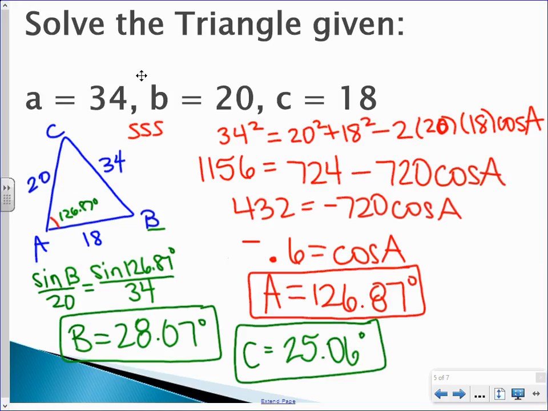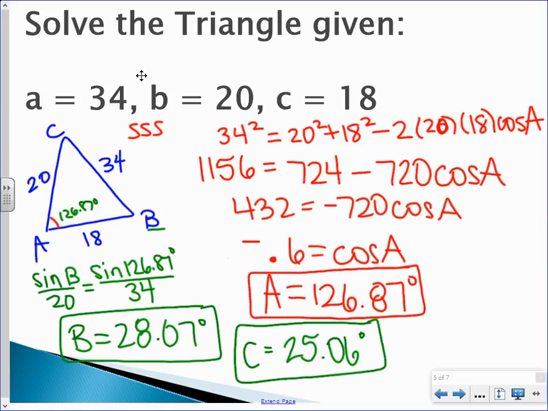You will never have two solutions with the law of cosines. Okay? However, if you switch to the law of sines and you are finding the biggest angle with the law of sines, you have to think about whether it should be the acute or the obtuse angle.